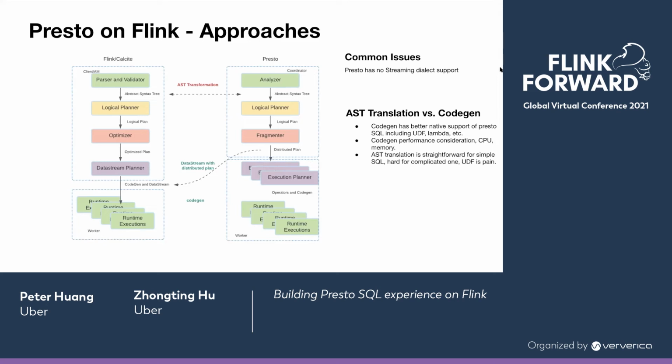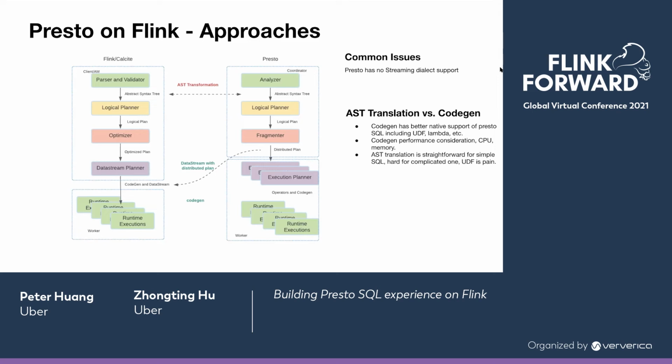So if we want to do the translation between these two engines, for example from Presto to Flink, there are two ways to go. The first way is we can use AST transformation to transfer the layout in the first layer. This is basically a data structure translation: you generate another AST from the original AST in Presto.